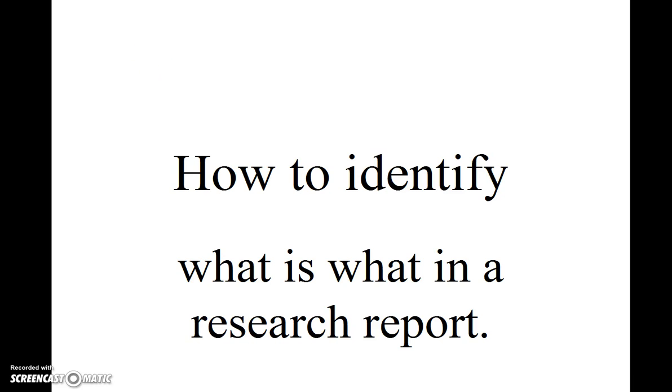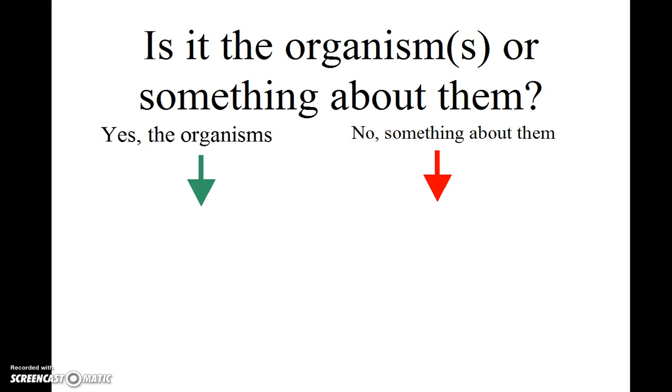Welcome to this Headless Professor video on how to identify the separate pieces in a research report. The first decision you would have to make about any specific item in the report is whether it describes the organisms or something about them.